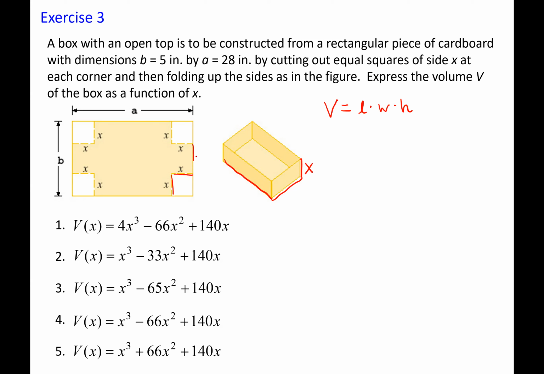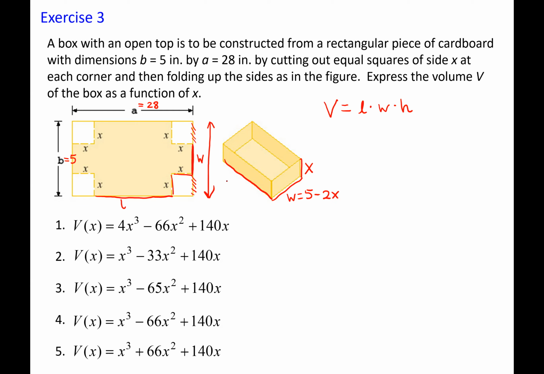Now, this is the width, and that line segment is the length. The length A is 28, the length B is 5. In order to get the width, from the distance 5 we subtract x and another x, which means the width is simply 5 minus 2x.